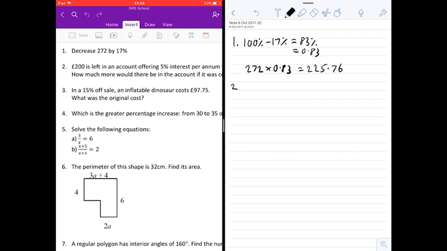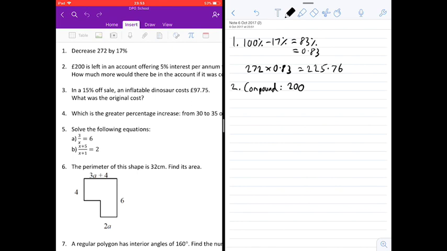Question 2. So the layout here is crucial, really. I'm going to start with compound. And my compound formula is original amount times by the decimal multiplier. Better figure that out on the side here.